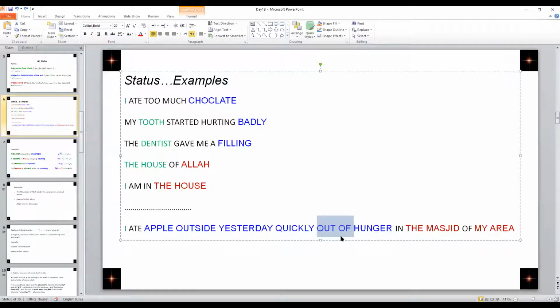The words "out of" are within the English translation. So this is a translation issue, not a grammar issue. I hope this is clear for the sister, I think Mariam. But this whole word, in its Arabic context, is one word. We will explain this better when we deal with what is known as the fragment, where we cover how to get "after of" translation. There's a topic on that specifically, inshallah.